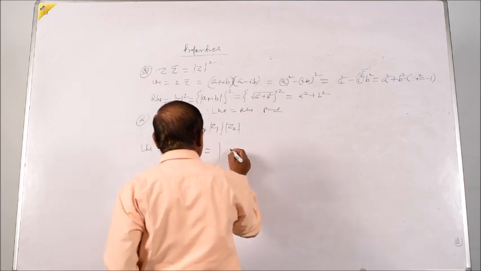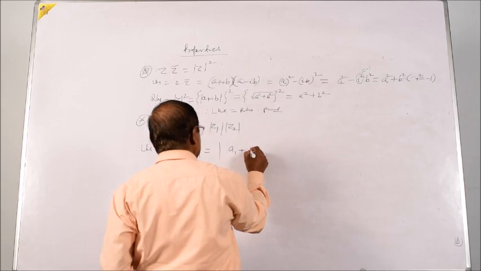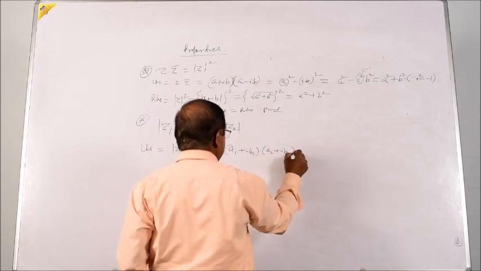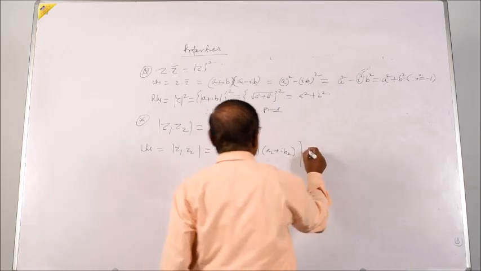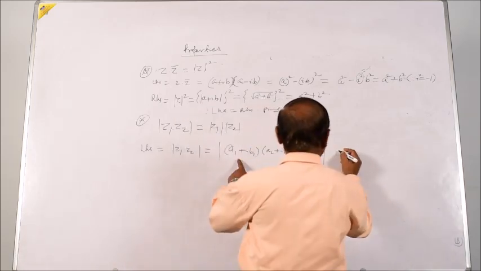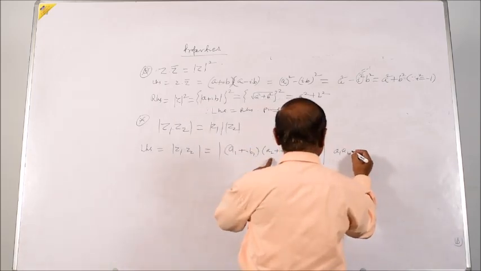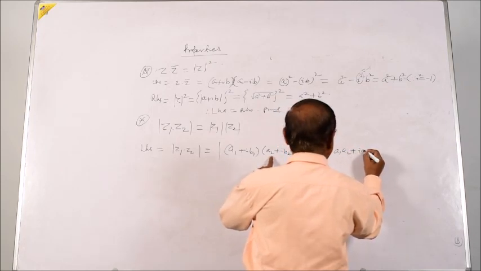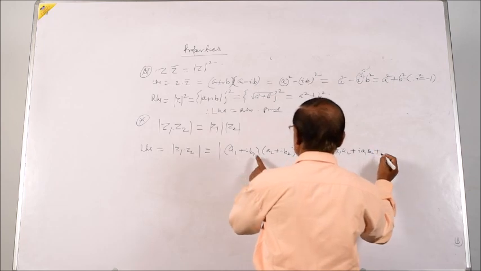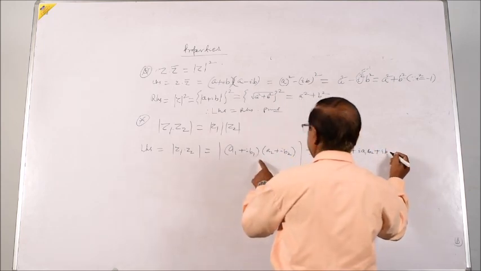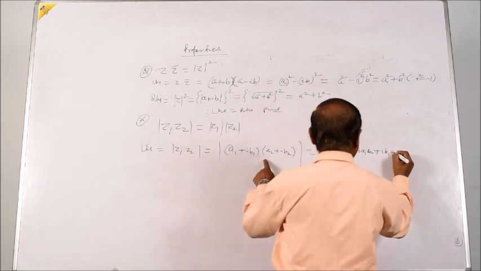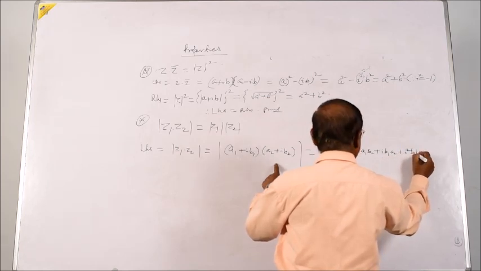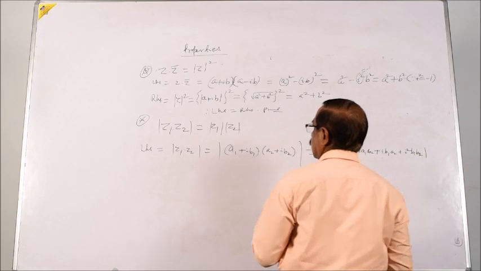We know z1 is a1 plus ib1 and z2 is a2 plus ib2. Multiplying this, we get a1 a2 plus i a1 b2 plus i b1 a2 plus i square b1 b2, mod.